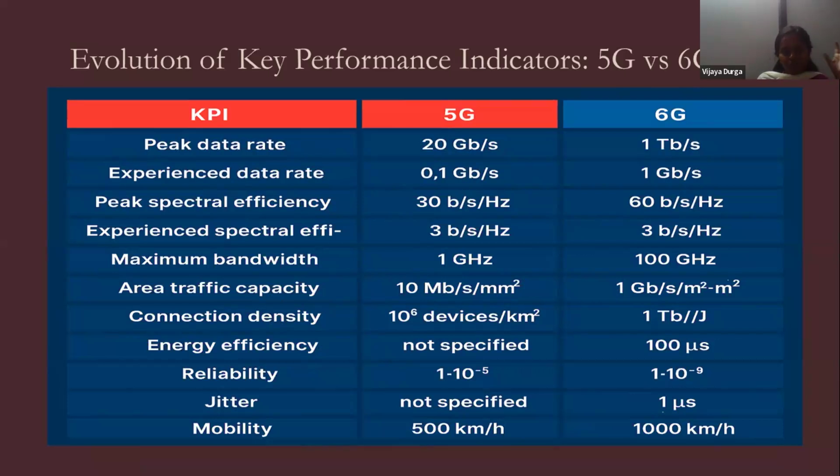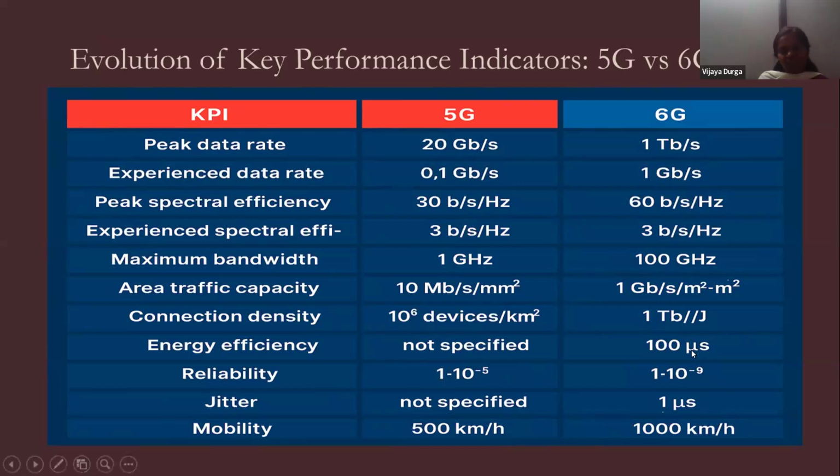Due to that, more devices, that means 10 power 6 devices per square kilometer, you can connect. And here 1 terabit devices you can connect. And then energy efficiency is not exactly specified, but somewhat better when compared to 4G.